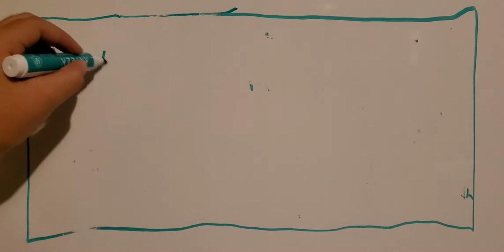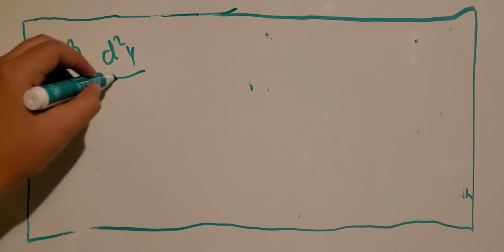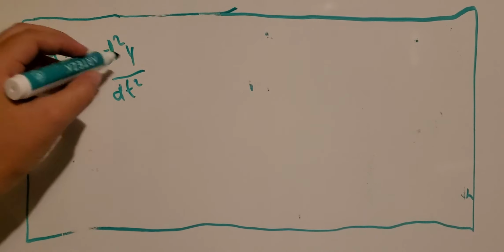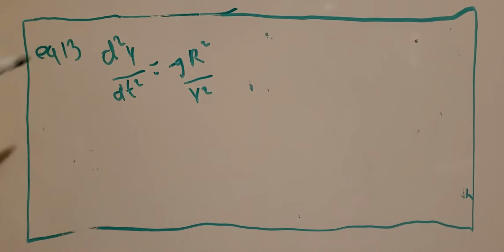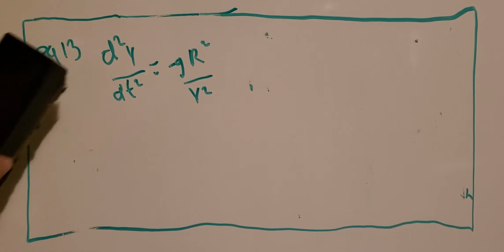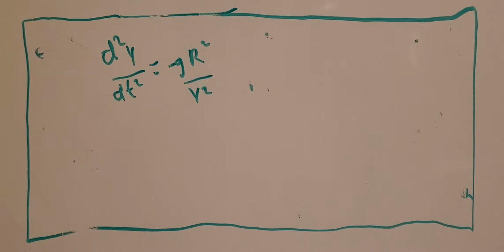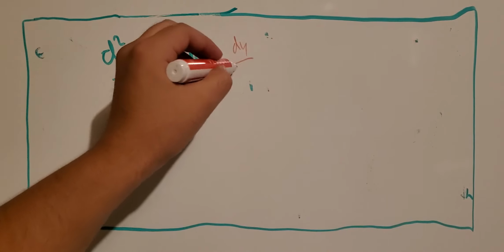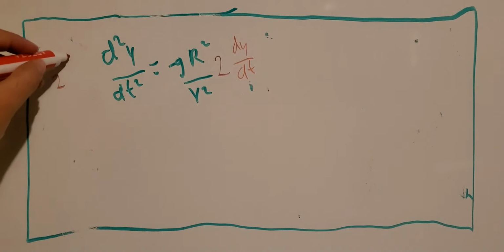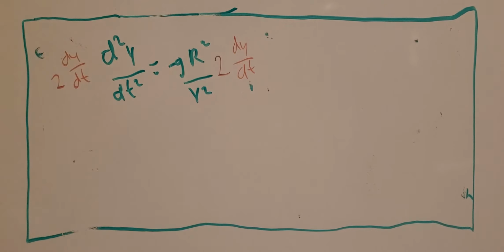So now, for part A, explain the part A of the problem. So this is equation 13. Equation 13 is d squared y over dt squared equals negative g r squared over y squared. So what we could do now is multiply both sides by 2 dy over dt, like this, times 2 dy over dt on both sides.